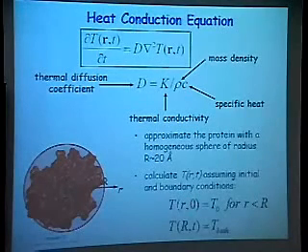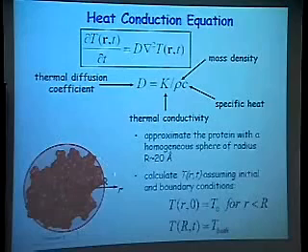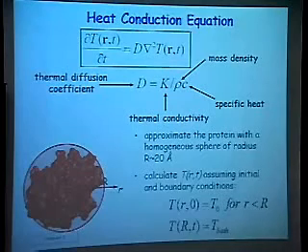The initial condition is that at t equals 0, the temperature inside the sphere is T0, and outside is the bath temperature, the temperature of the coolant. This temperature will persist even at later times, because we assume that the coolant has such a huge heat capacity that its temperature will not change during the cooling process of the protein.